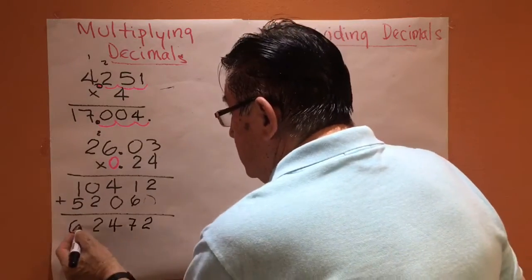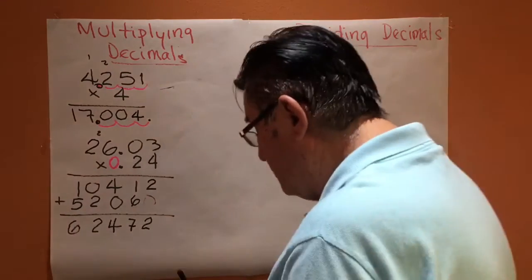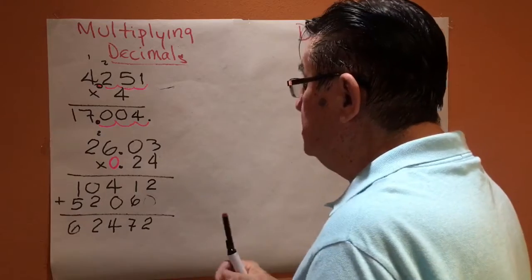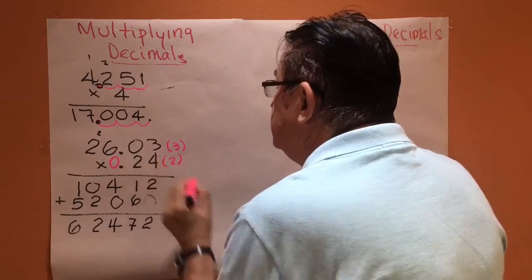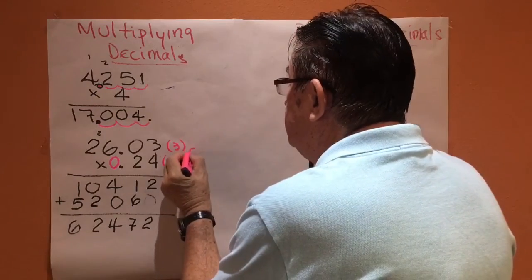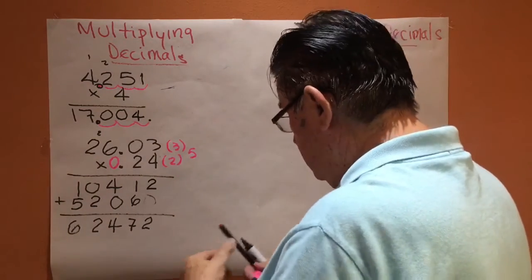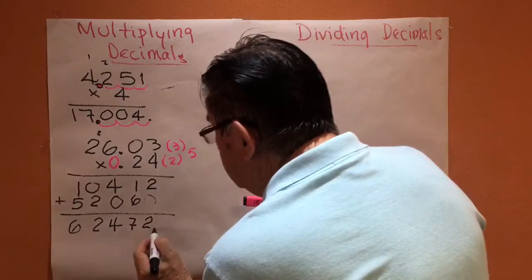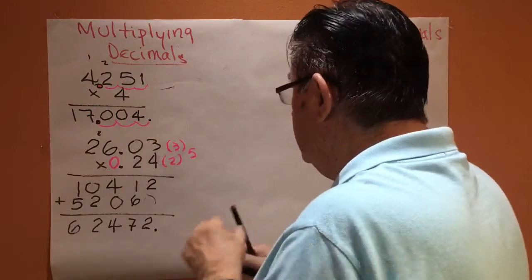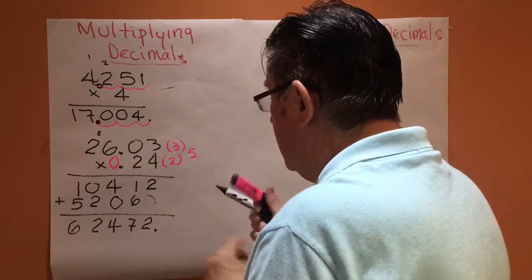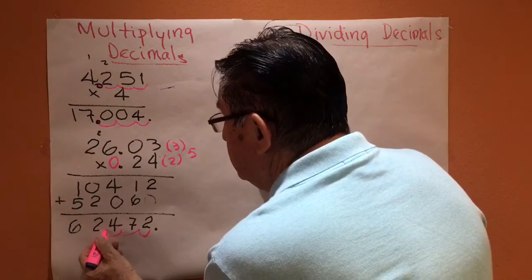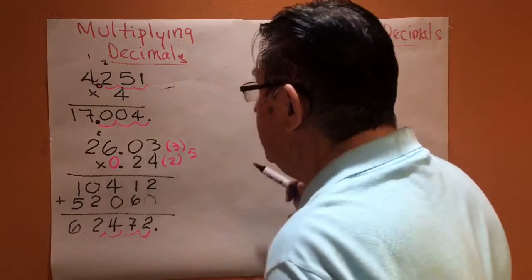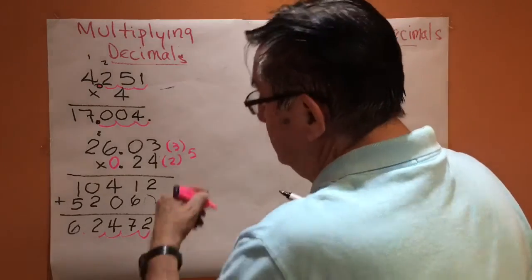Did we finish? Not yet. We have to count how many decimals we have. We have here 3 decimals, and we have here 2 decimals. In total, we have 5 decimal points. So, again, we move this decimal point from here 5 places, which are 1, 2, 3, 4, and, oh, no, sorry, it's not 5.